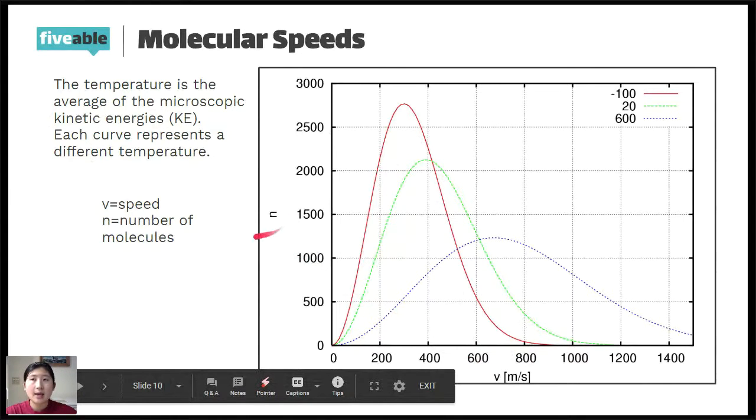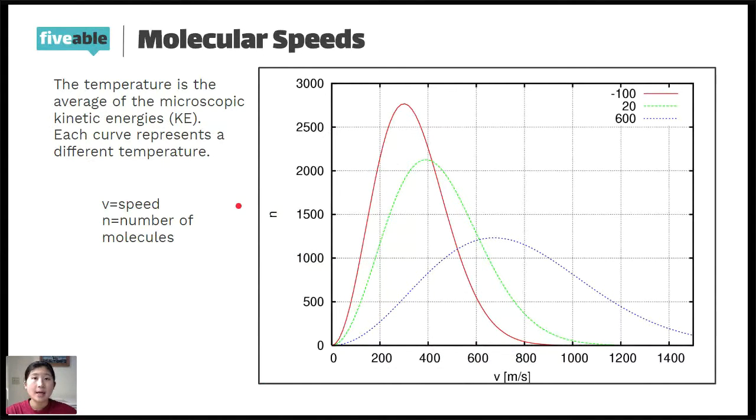So let's say at 298 kelvins, which is room temperature, the gases are all going at certain speeds, right? Not all of the molecules are going at the same speed. Some are going a bit faster, some are going a bit slower.